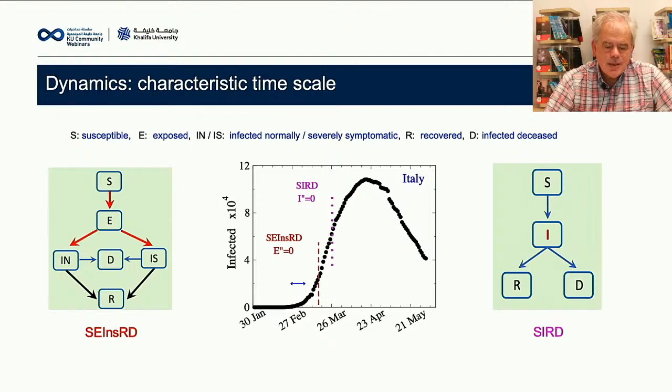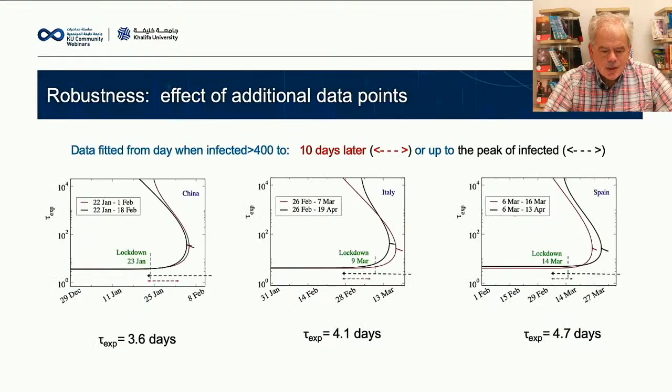Now, the question is whether this prediction applies to different countries. What we have here are the explosive timescales computed on the basis of data from three countries: China, Italy, and Spain. We computed the explosive timescale by using a small set of data, indicated here by the red arrow in all three cases, and with a much bigger set of data, indicated by the black arrows. In all three cases, this region extends much to the right of the period shown in these graphs.